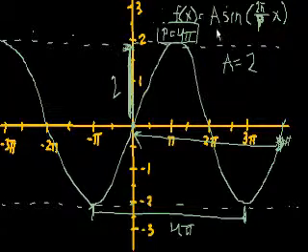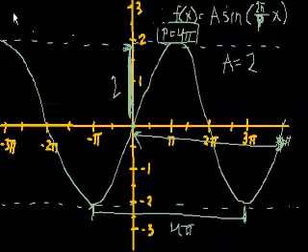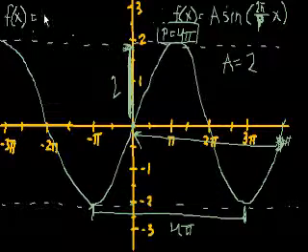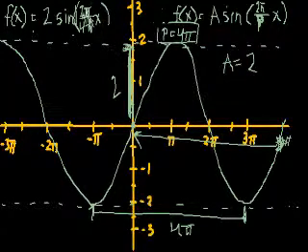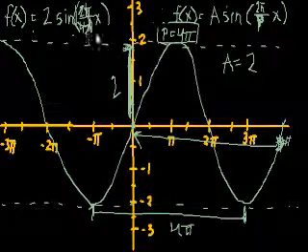F of x is equal to the amplitude times the sine of 2 pi divided by the period times x. So we would know that the function is f of x equals the amplitude times sine of 2 pi over the period, 4 pi, x. And of course, these cancel out, and this becomes 2 sine of 1/2 x.